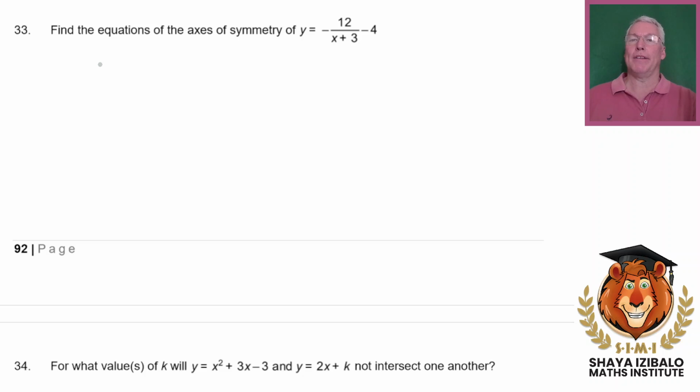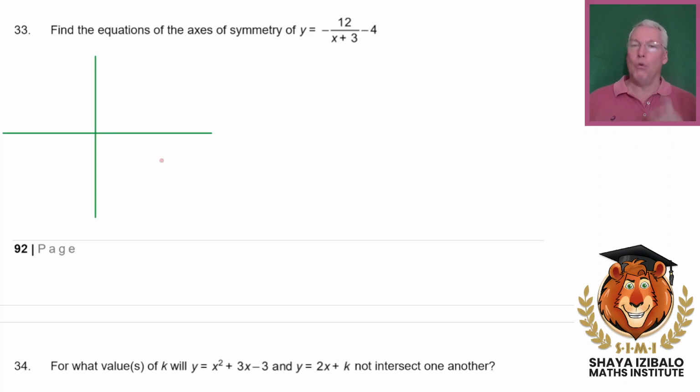Now let's just remind ourselves about axes of symmetry for a hyperbola. Okay, let's see if I can improve on that line there, because it wasn't great. Okay, that's a bit better. Now just remember that all hyperbolas, irrespective of which quadrants they're in, this one's actually in these two quadrants, right? But all hyperbolas, before they get moved, have these two axes of symmetry.